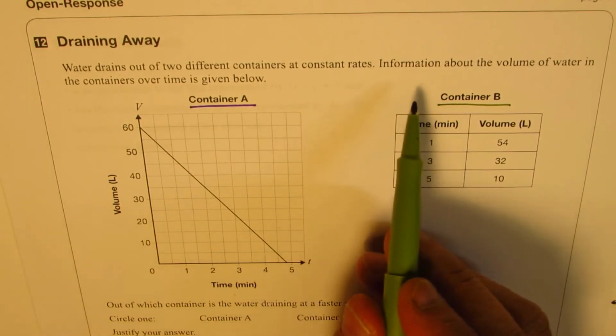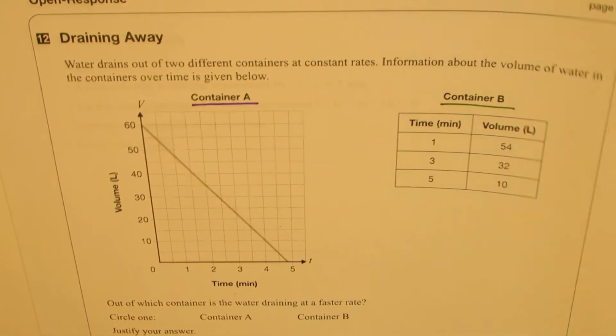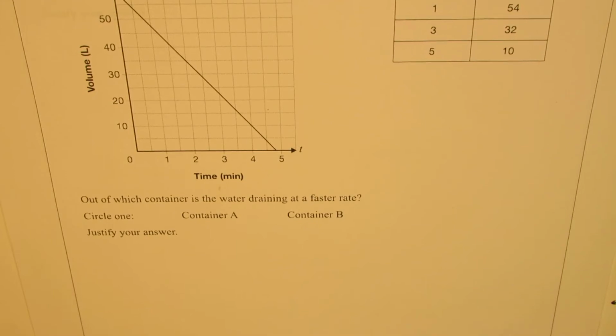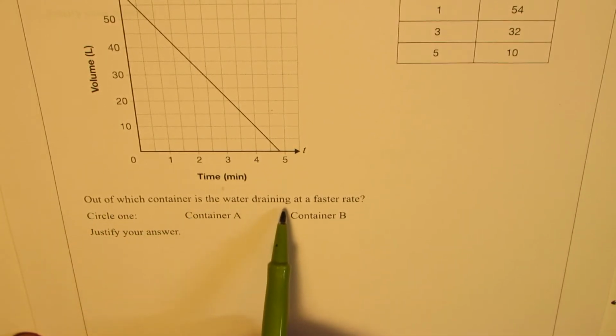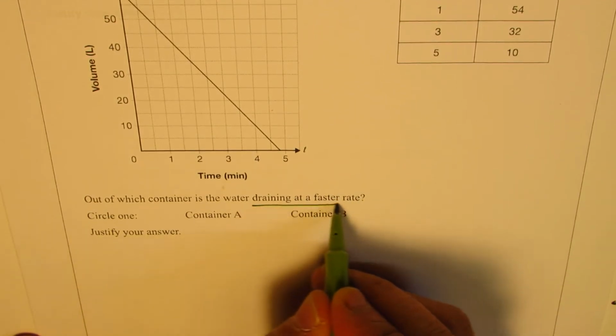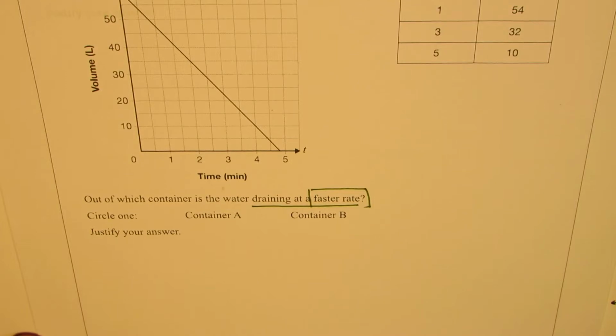Now, we need to figure out the draining rate. Let's read further. It says, out of which container is the water draining at a faster rate? So we're looking for the faster rate, so steeper. Circle the one, justify your answer.